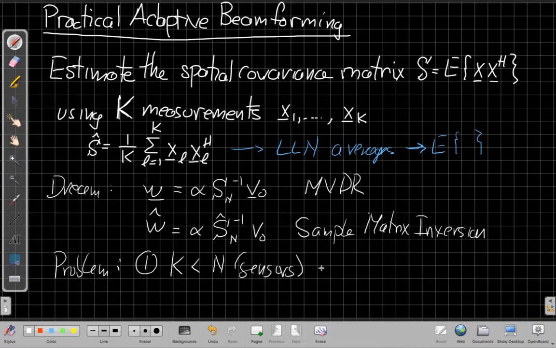This makes a problem because S hat is singular, which means I cannot take the inverse.